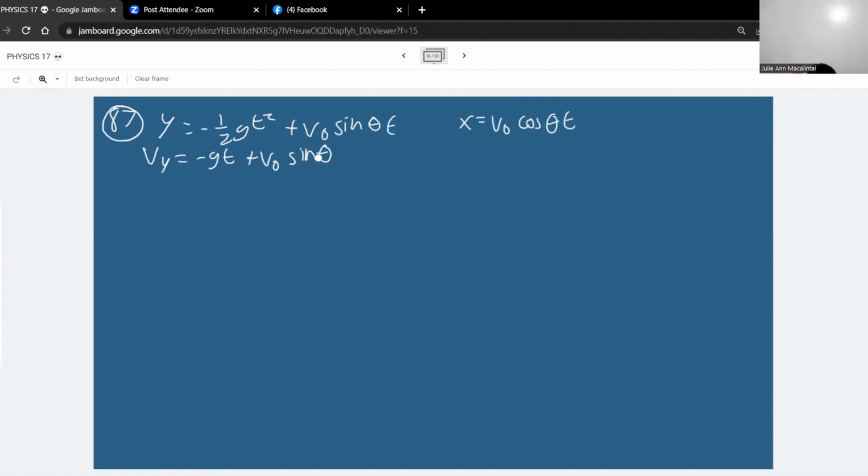Maximum occurs at t equals 3 seconds, di ba? So 0 is equal to negative g times 3.0 plus v sub 0 sine theta. And then the other condition is when t is equal to 5.5 seconds, x is 97.5. So ang goal natin, mahanap yung initial speed at saka yung angle.